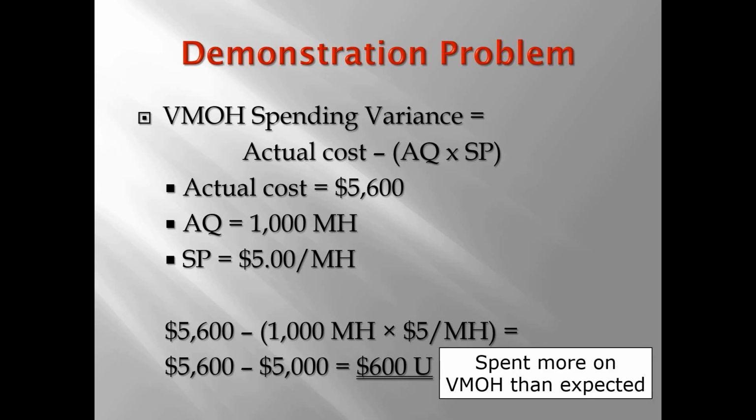In other words, the firm spent more on variable manufacturing overhead than expected, more than the $5 per machine hour that the firm had budgeted.